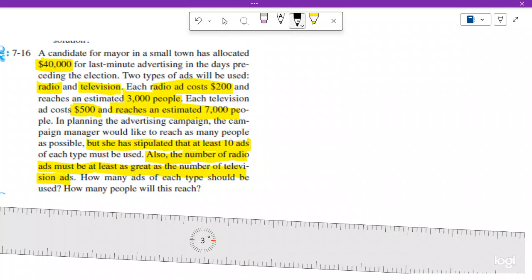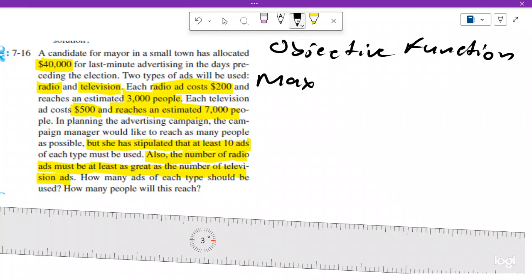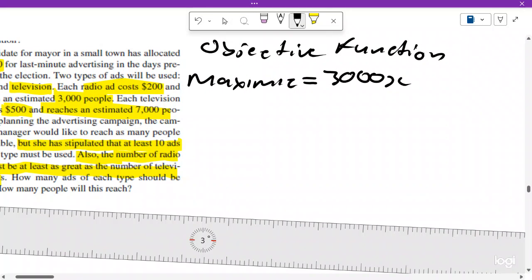So the objective function is going to be: we're going to maximize the audience, which is 3000x plus 7000y.